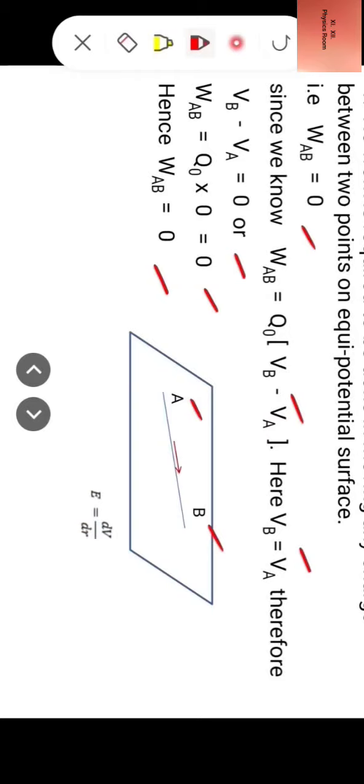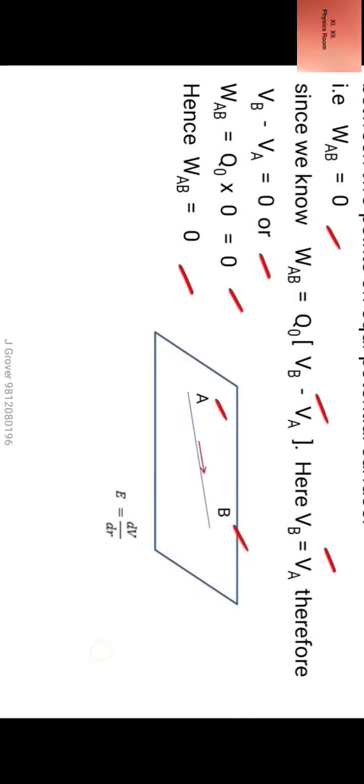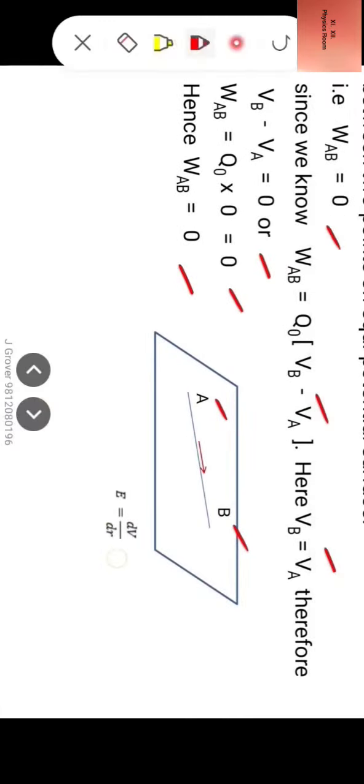Hence, WAB is 0. Or we can say no work is required to be done in moving any charge between 2 points on equipotential surfaces. Now, electric field is equal to dV by dr and is always perpendicular to the equipotential surface. Let us see how it is.